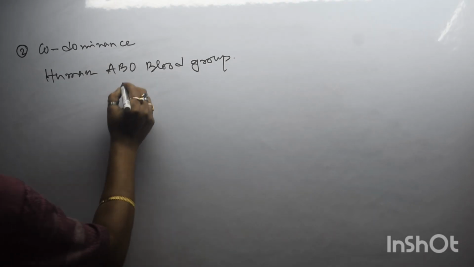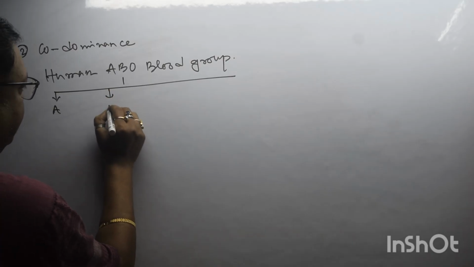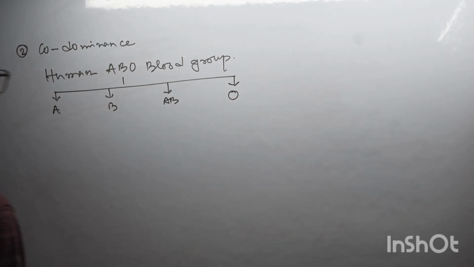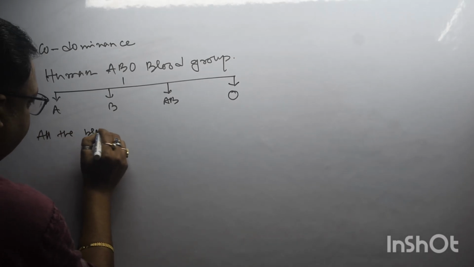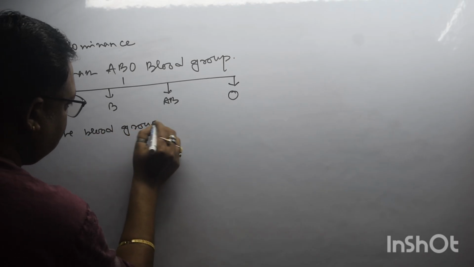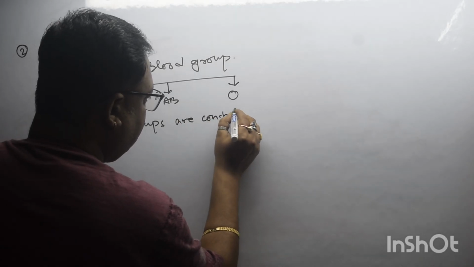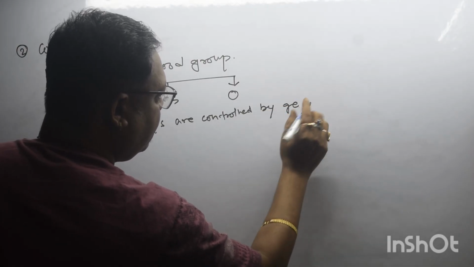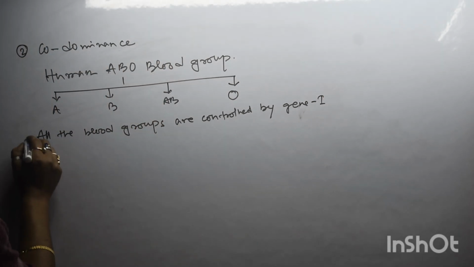In this we have 4 categories of blood groups: blood group A, blood group B, blood group AB, and blood group O. All the blood groups are controlled by gene I.